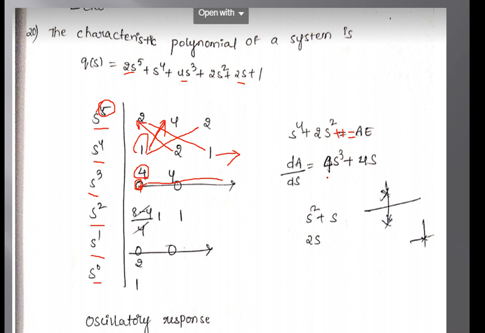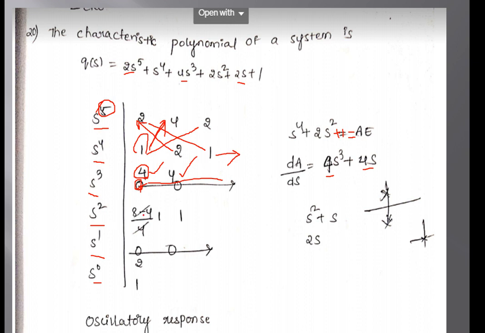So here you are getting the s power 3 quotient as 4 and the s power 1 quotient as 4s. So you need to write that value. And now you continue the Routh array.